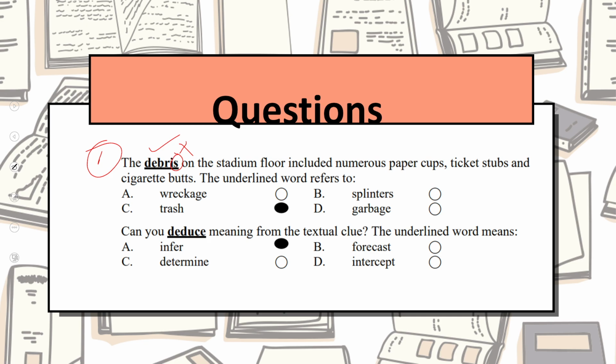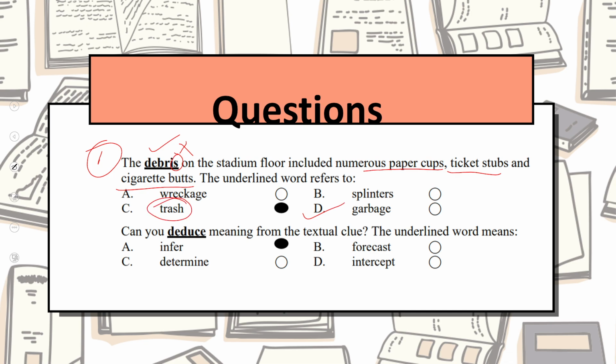It's a silent letter. Now, debris. What do you mean by debris? Paper cups, ticket stubs, and cigarette butts. This is just garbage, trash, right? So debris means garbage. It can also be trash.